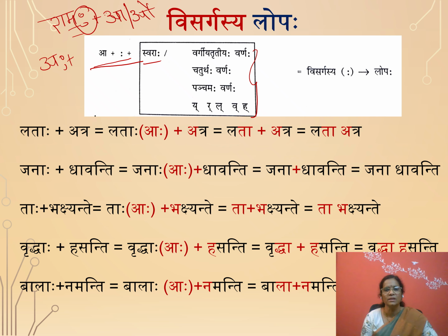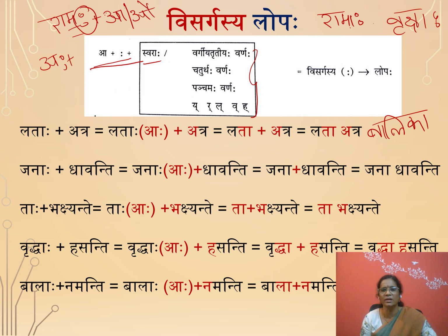That means here, Akaranta Pullinga Shabdarup Bahuvachan form, how will it come? Ramaha and Vrikshaha. Right? If you take striling, Balikaha, Prathama Vibhakti Bahuvachan Rupam Balikaha. Mahilaha.